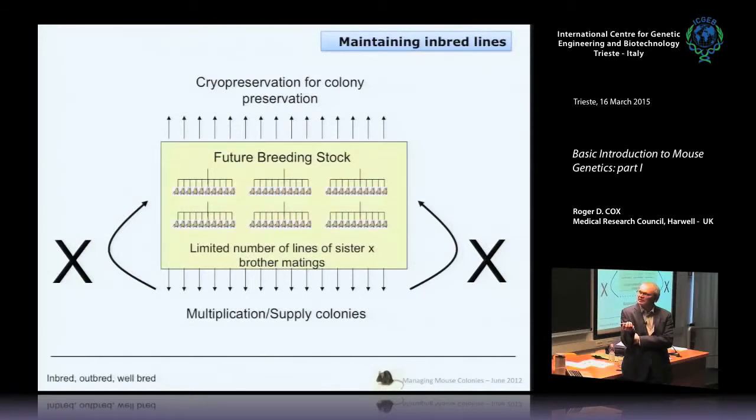You can cryopreserve, so you can freeze sperm from mice relatively straightforwardly now, and there are courses in various places, including at Harwell, where you can learn to do this. So you can secure your stock by cryopreserving it and then going back to that, refreshing your stock every now and again, or you can buy in mice to refix and let somebody else worry about maintaining the stocks and the integrity of those stocks.